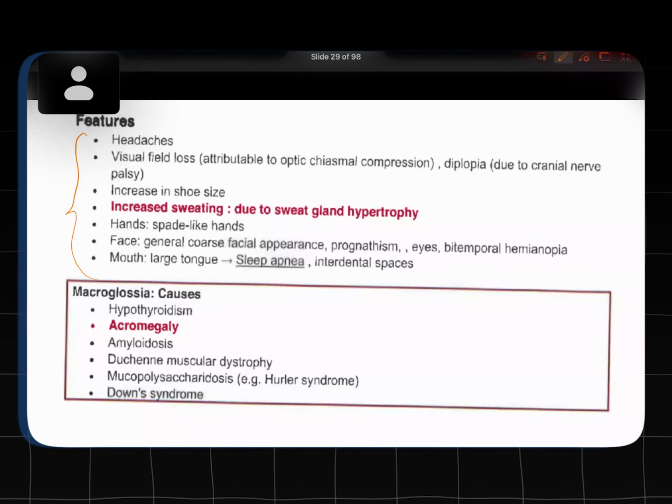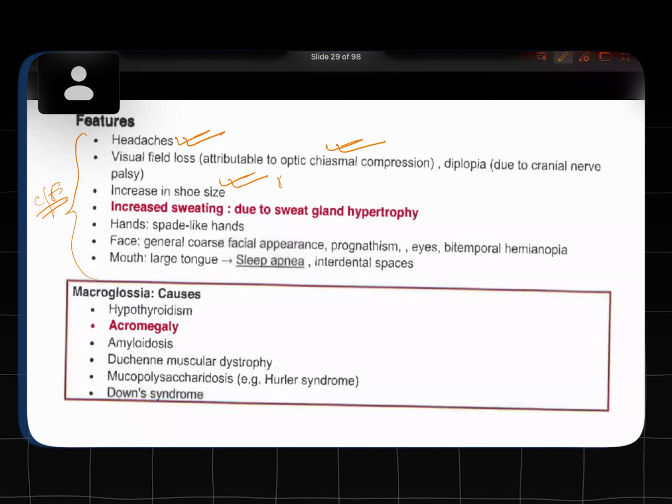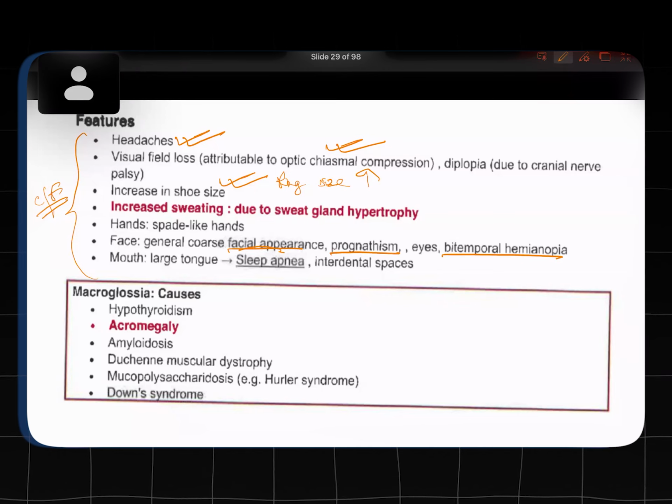Clinical features are actually a gold mine for MCQs. Headache, visual loss because of optic chiasma compression, increased shoe size, increased ring size. These we all know: prognathism, bitemporal hemianopia, facial appearance, sleep apnea, or features of obstructive sleep apnea, increased sweating.